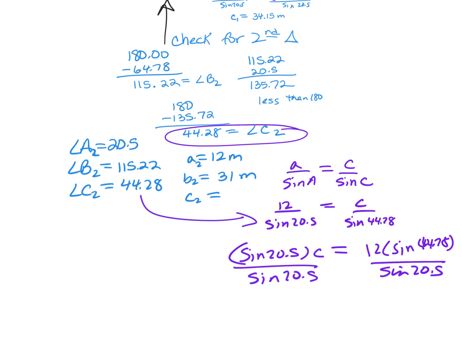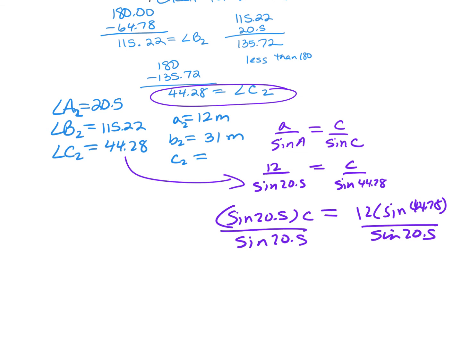And side C of the second triangle is going to be 23.92 meters. So now I have found 2 triangles, all 6 pieces of information.